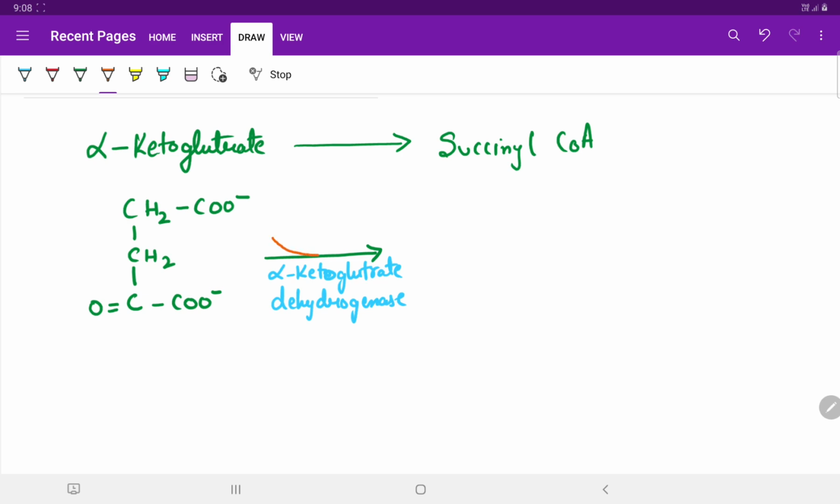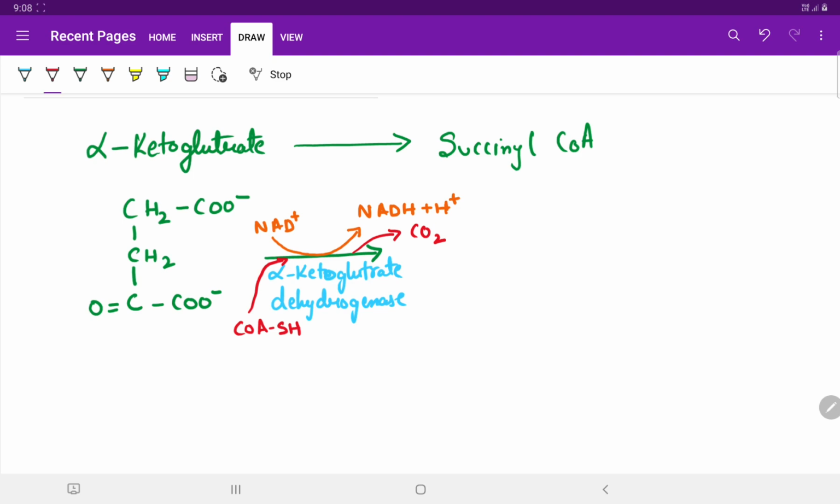So first of all let us make the structure for NADH. So here is the liberation of one NADH molecule, plus along with this one carbon dioxide is also produced, and addition of one coenzyme A as such is also there.